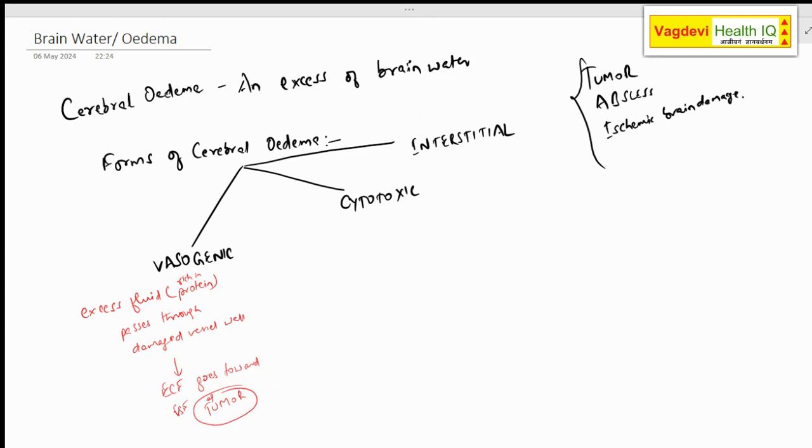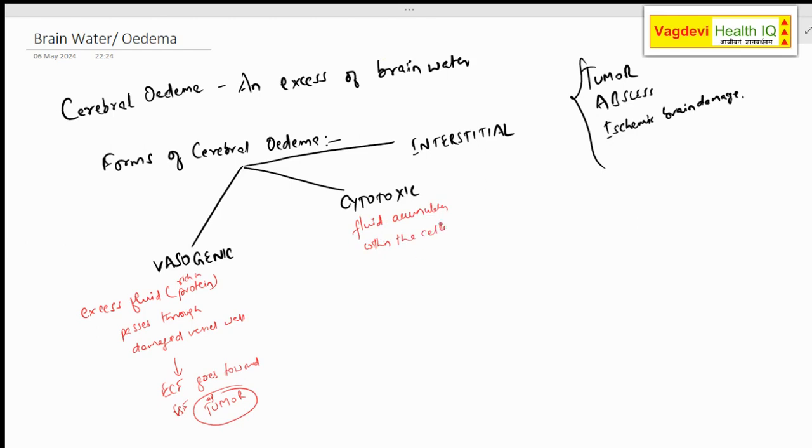Okay, cytotoxic. As the name says, what happened in this case? Again, what you are thinking is not that easy. So what happened in this case? Anybody? Fluid accumulates within the cells.